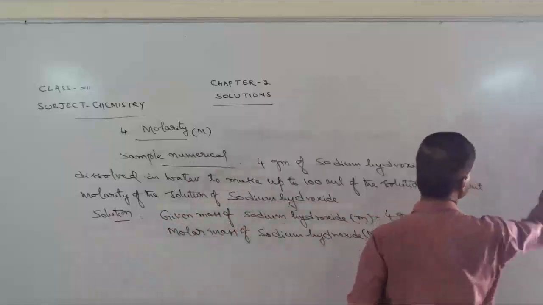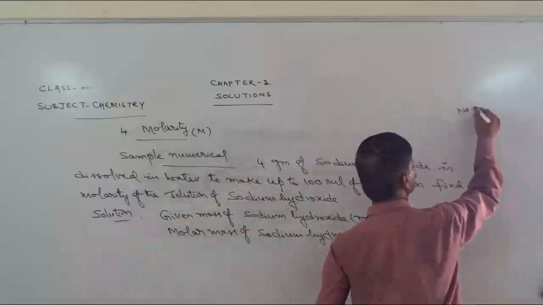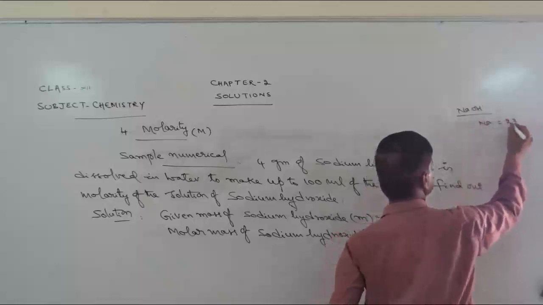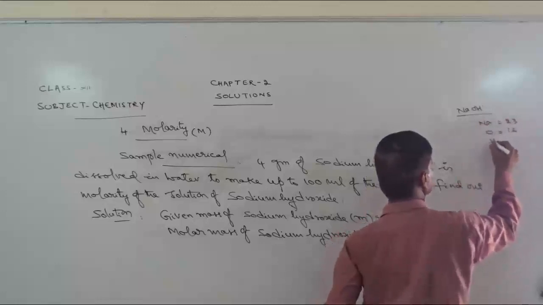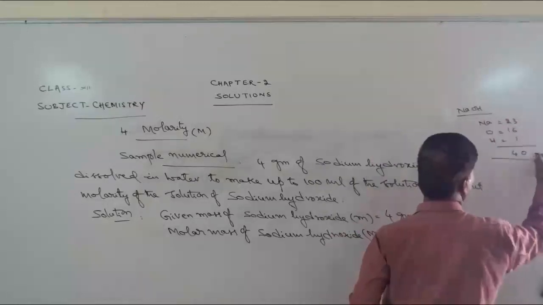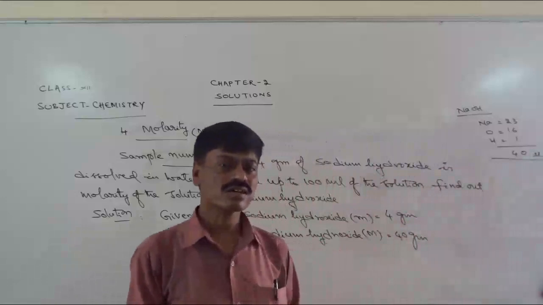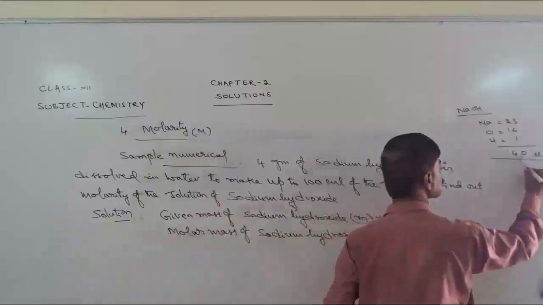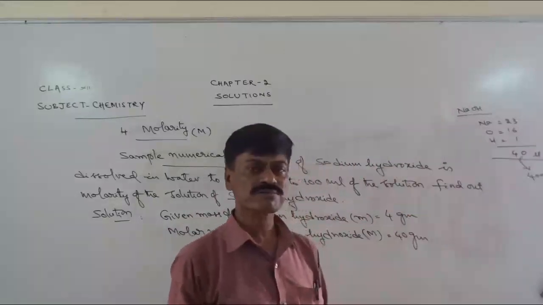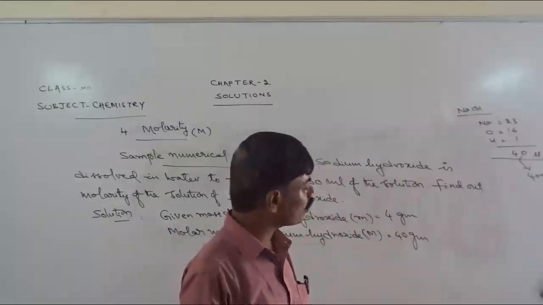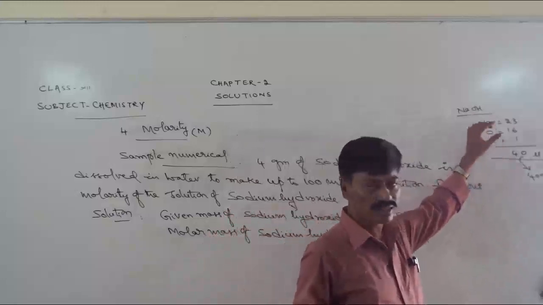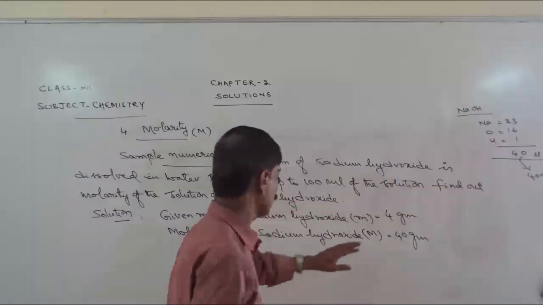So NaOH molar mass is calculated in this way. Sodium 23, oxygen 16, hydrogen 1. In terms of u, that is the mass of 1 molecule of sodium hydroxide. If it is expressed in terms of grams, it will become 40 grams. So 40 grams is the molar mass, meaning 1 mole of NaOH weighs these many grams. 1 molecule of NaOH weighs 40 u. So this we need here, 40 grams.